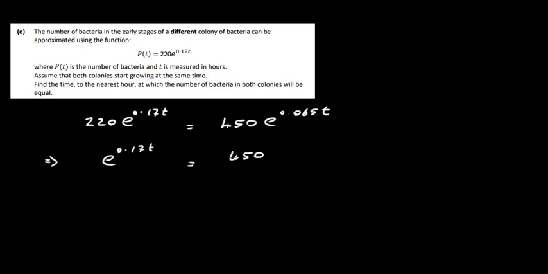So we have 220 e to the power 0.17t, and we want that to be equal to our original function, which is 450 e to the power 0.065t. The first thing I'm going to do here is divide across by 220. That will give me e to the power 0.17t and 450 over 220.